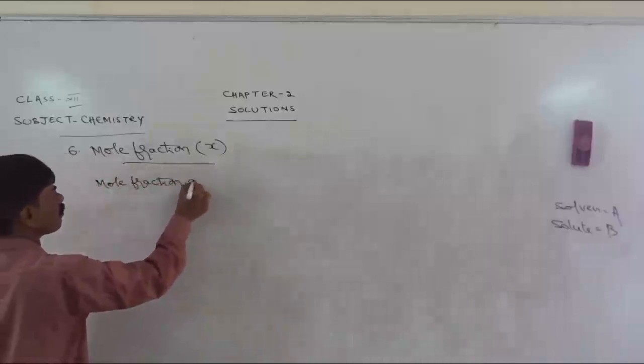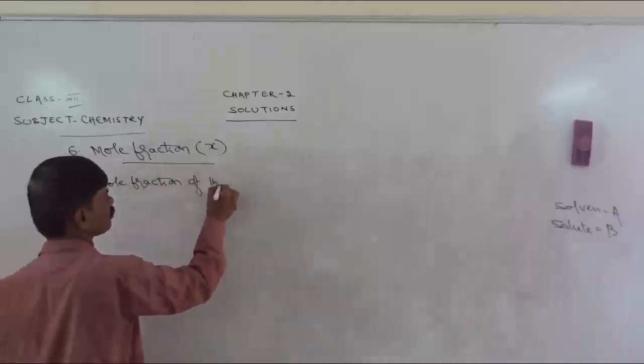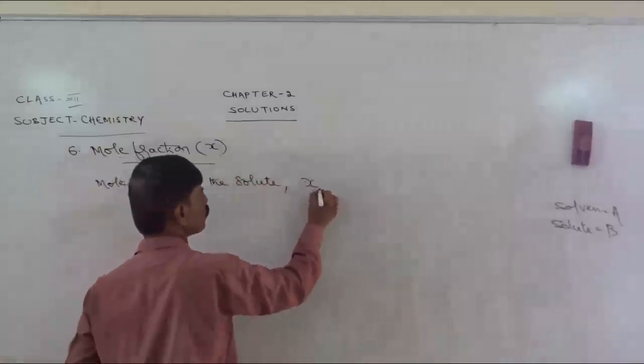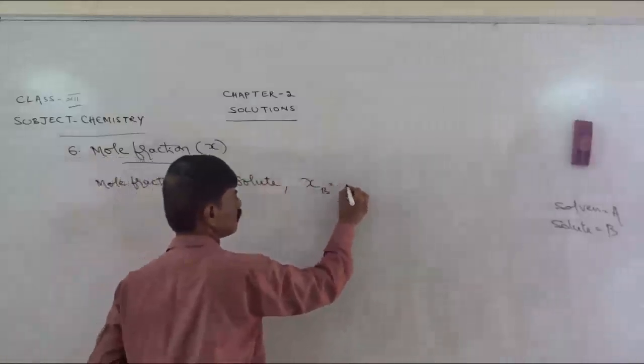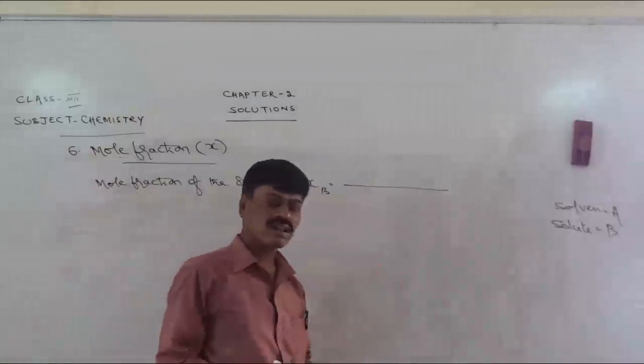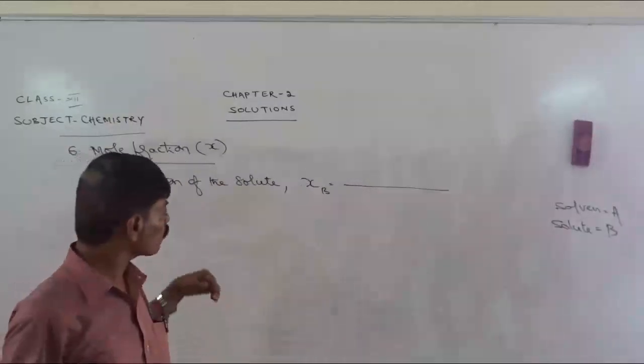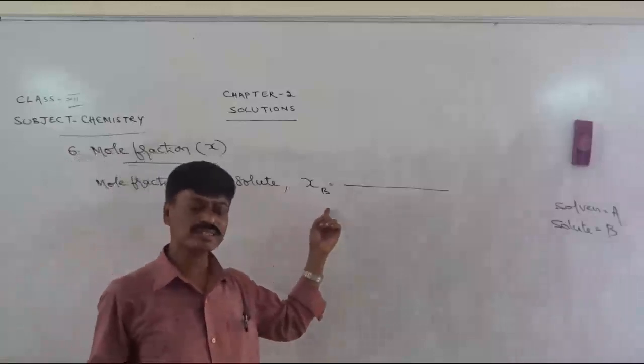Mole fraction of the solute chi B is equal to, here the knowledge of mole is required. Whose mole fraction we need to calculate?